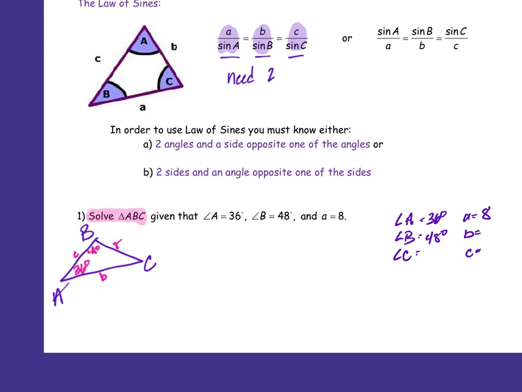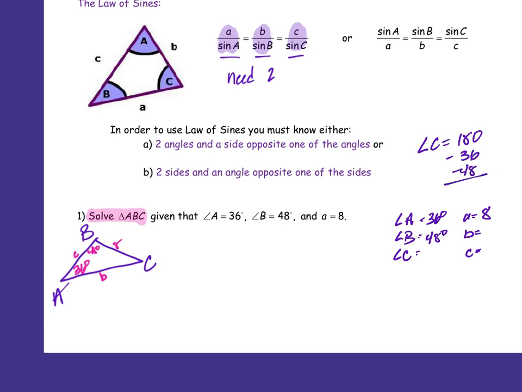Let's start with the easy one. I have two out of the three angles of a triangle. I can find the third one because all my angles add up to 180 degrees in a triangle, correct? All three angles add up to 180 degrees. So I can find angle C by saying angle C equals 180 minus 36 minus 48.